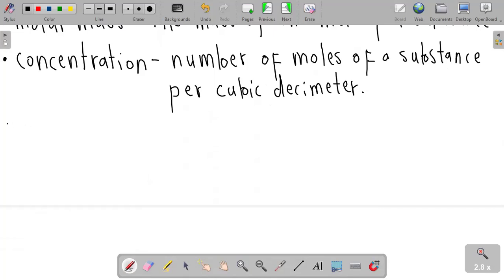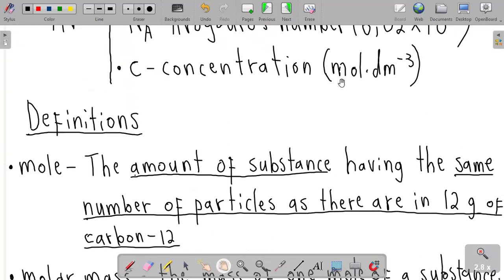Or in 1 liter. Per liter or per cubic decimeter, because 1 cubic decimeter is the same as 1 liter. If you say per cubic decimeter, it is easy because you can remember it from the unit of measurement.